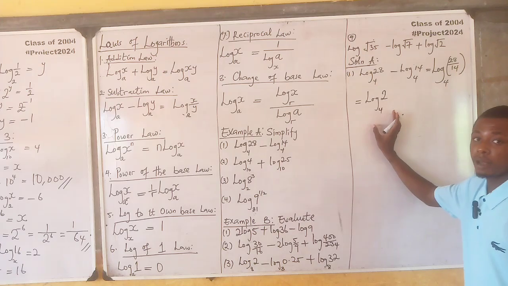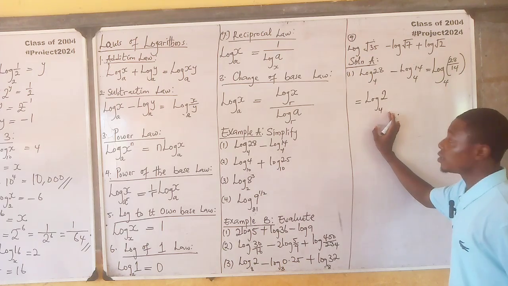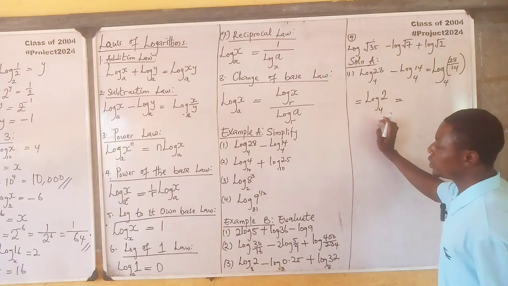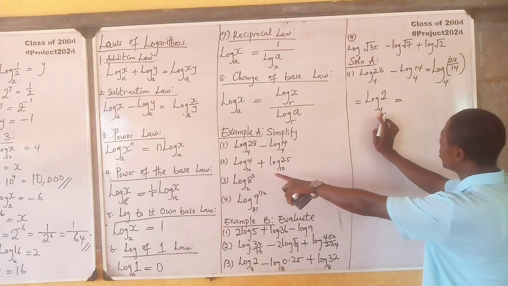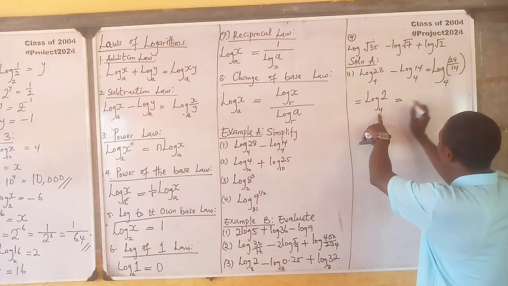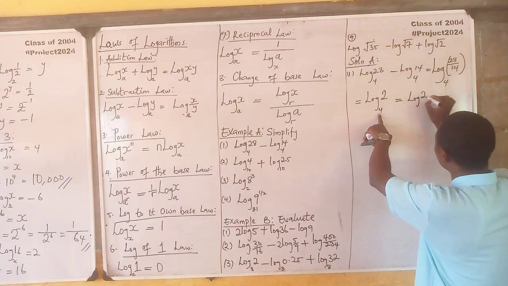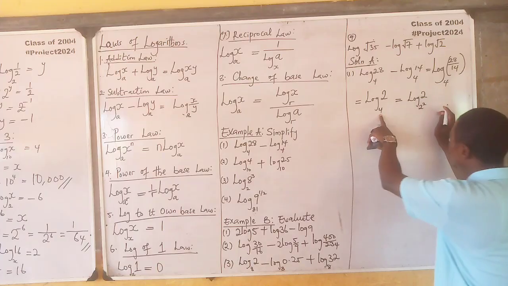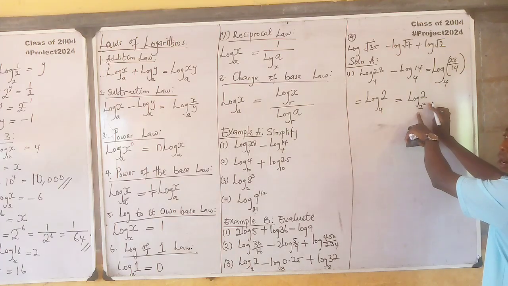We can't stop here. We can still do something. From this particular point, you will agree with me that by one of the laws, we can make the bases the same. So this is log of 2, and this 4 can be the same thing as 2 raised to power 2. You see, the base is now carrying power.